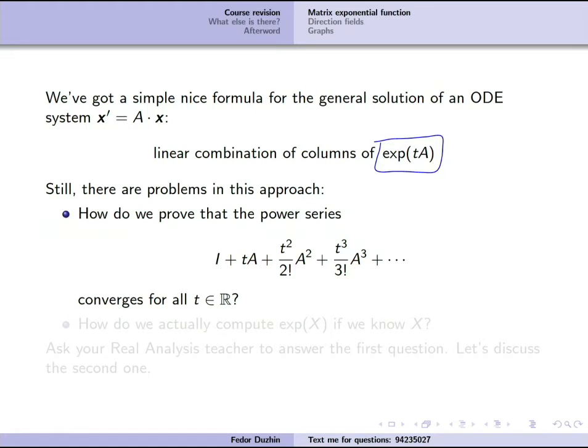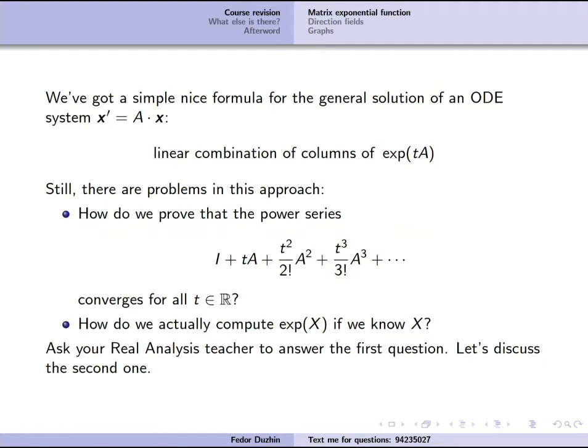And furthermore, how can we prove that it is a rigorous mathematical operation, that if we differentiate it term by term, then again we get a new power series that converges for all values of t, and the sum of the new power series is what we expect it to be, so the derivative of the original power series. And another issue is whether or not we can actually compute this exponential function of the matrix.